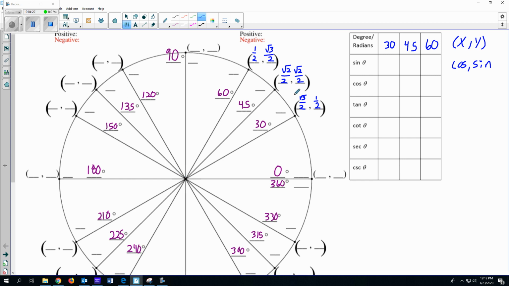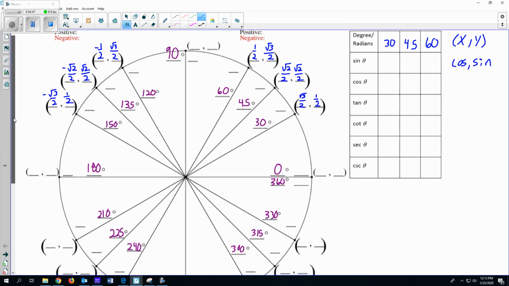So my x value is going to be negative 1/2 instead of positive, and then my y value is still square root of 3 over 2. And that's going to be the same case on all these. All my x values are now negative. And then same thing here, negative square root of 3 over 2, and then positive 1/2.